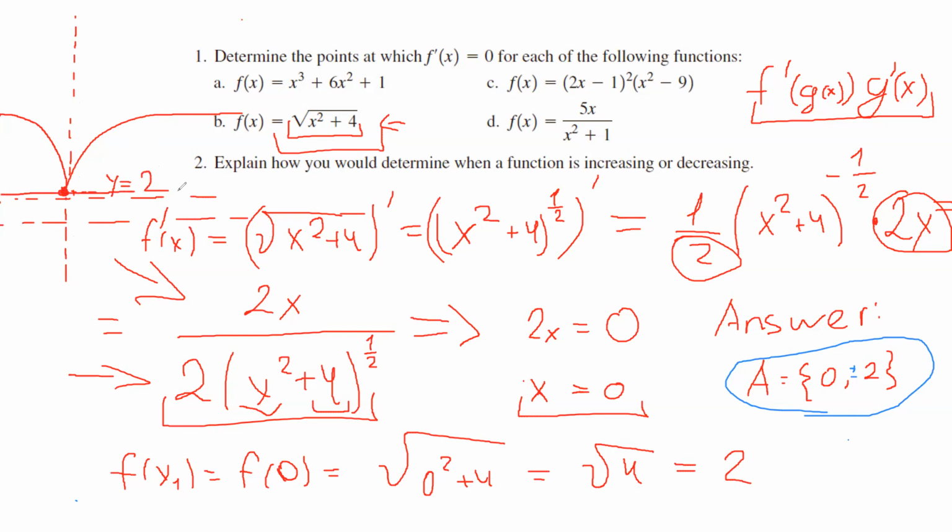But the derivative equals 0. And you know that around this point, if you look into the sign of the derivative, you would see that it's growing here and decreasing here.